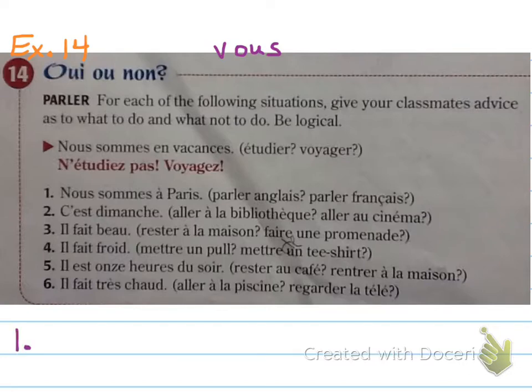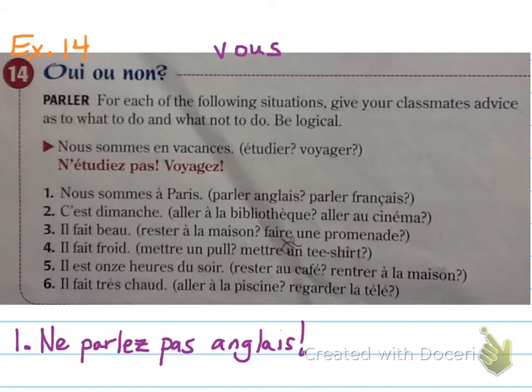So if you're in Paris, we're going to say ne parlez pas anglais. Okay. Parlez français. Okay, so you're going to write those 2 sentences for each of these.